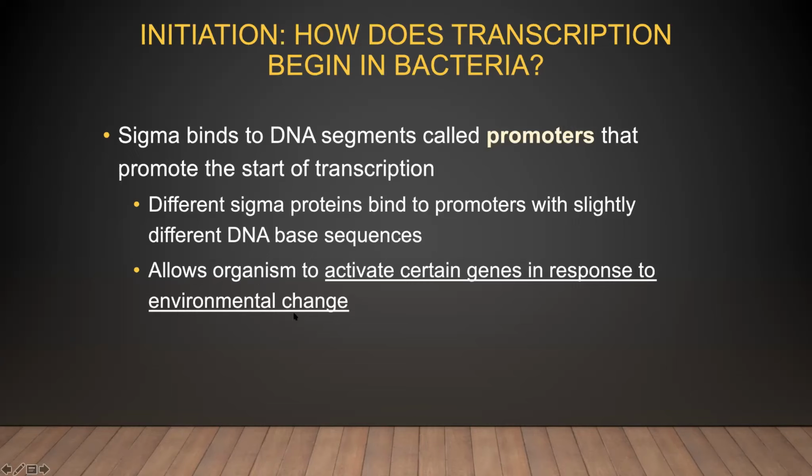It's not exactly a one-for-one. There are several different types of sigma proteins, but it's not like there's a specific one for each gene in an organism's genome. There will be classes of them, but we are not going to go into that much detail here in 1801. But just know that these sigma proteins can recognize certain activation sequences in the DNA molecule.